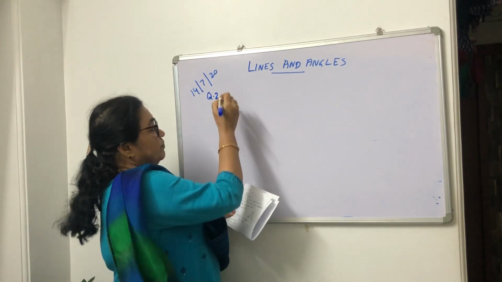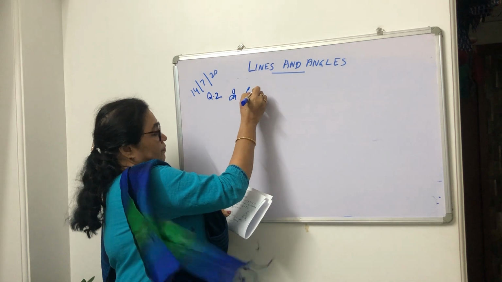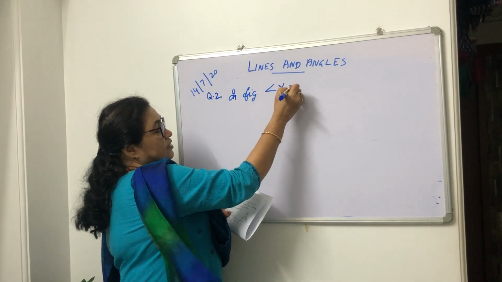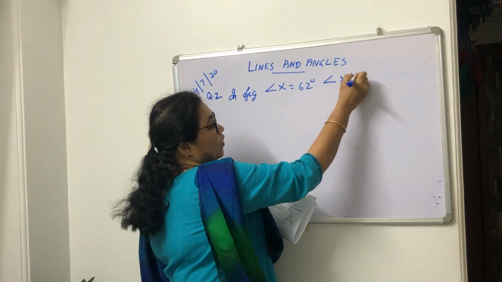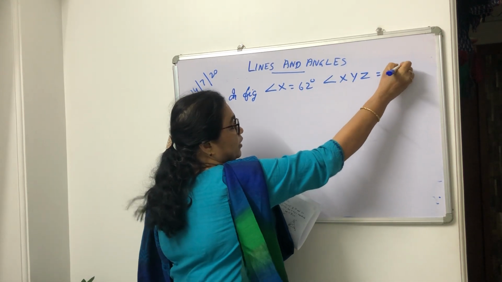In the figure, angle X is equal to 62 degrees. Angle XYZ is 54 degrees.